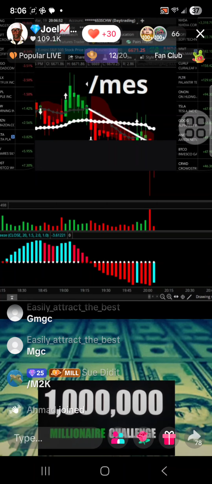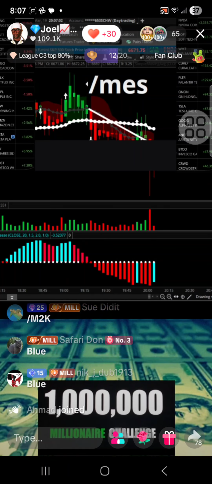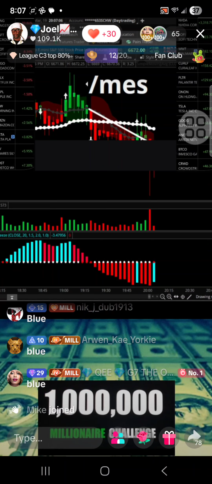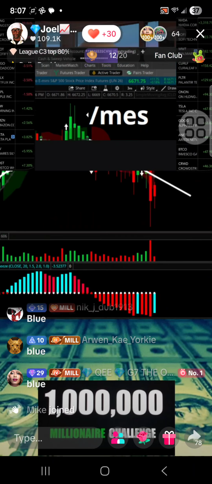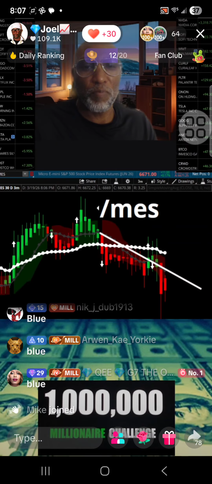Is that blue or red, the candle that's forming right now? What do you see? If you notice, that's blue. I need that to be red. It needs to be the same color in the direction that I'm going in. So because there's a disconnect, Joel won't be taking a trade.